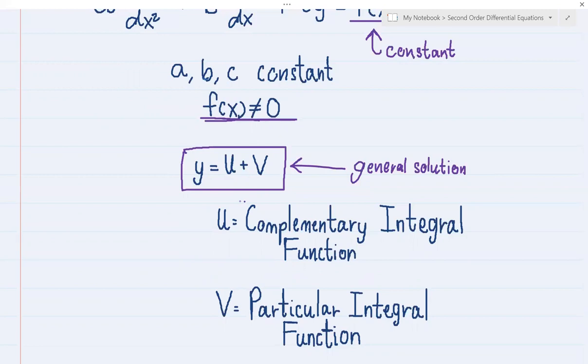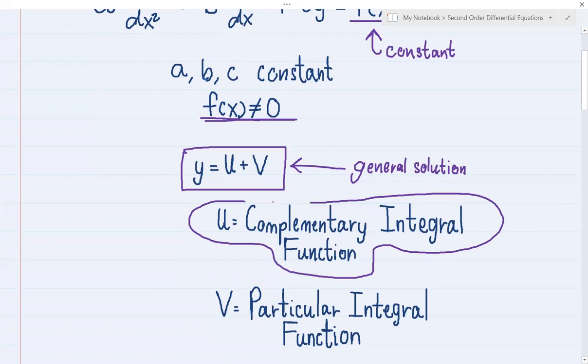The steps or procedures that I taught you guys on getting the general solution for your second order homogeneous differential equation, that's the same thing on how you would get your u, your complementary integral function.